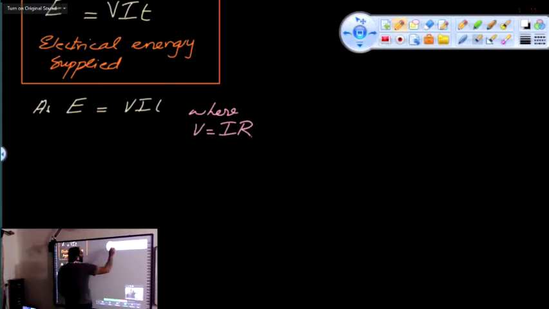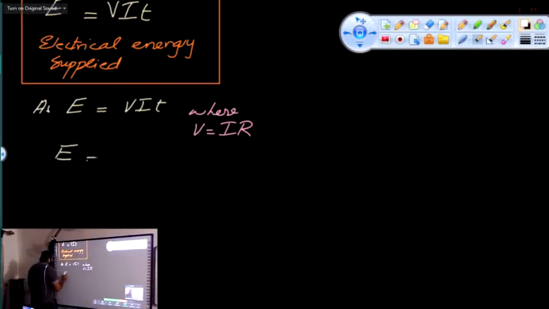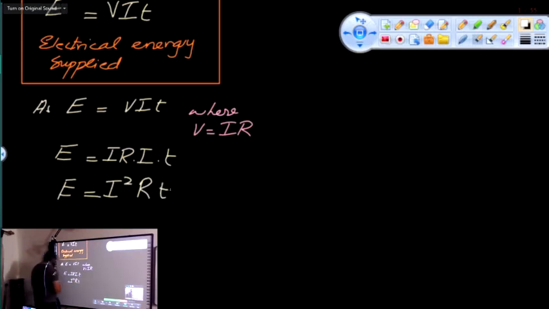So, we can write it this way. In place of V, I'm going to write I R times I times T. So electrical energy is equal to I square R T.